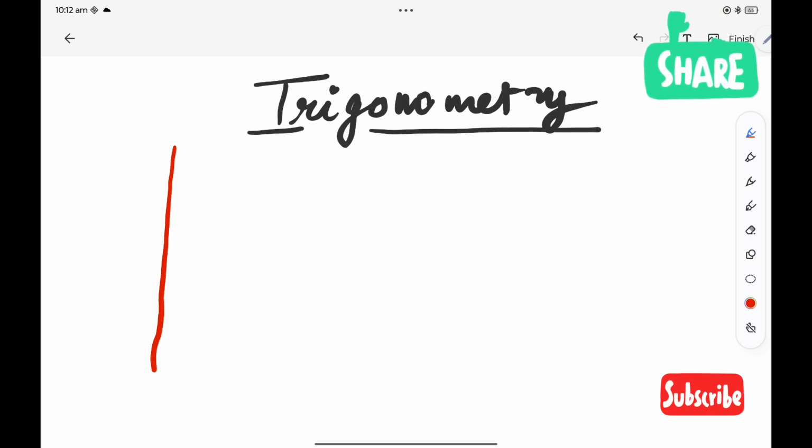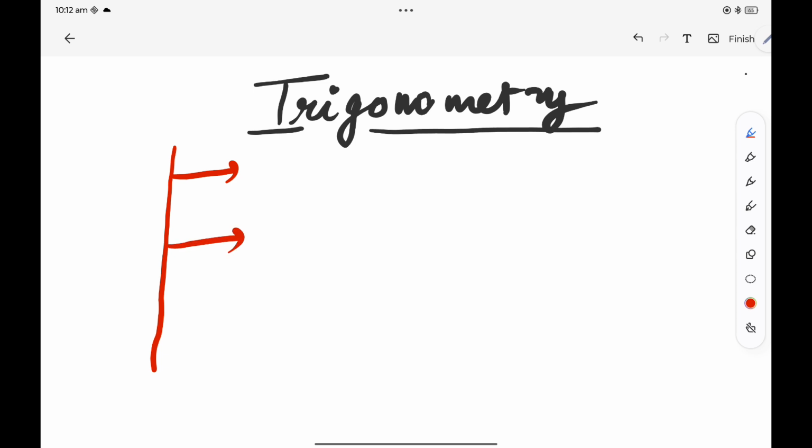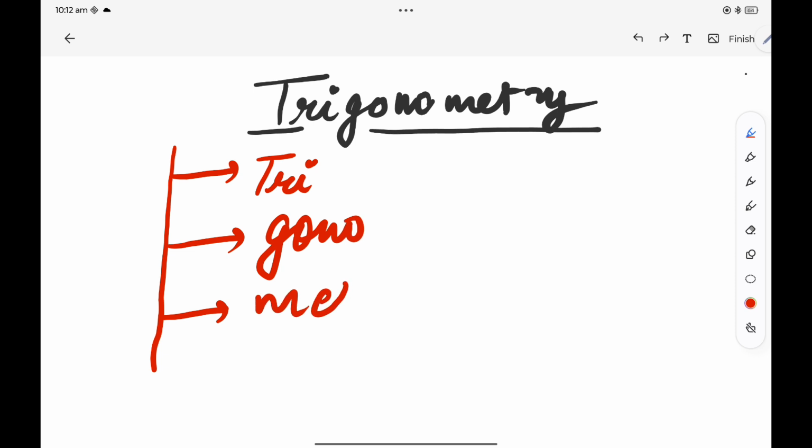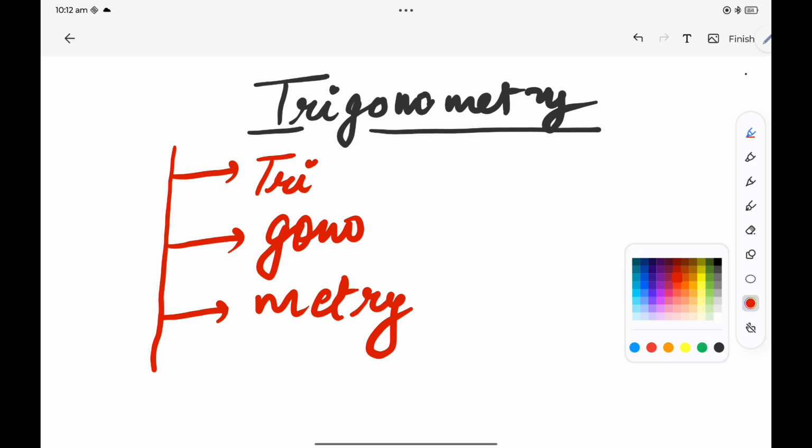The word trigonometry can be bifurcated into three words, that is tree, gono, and metry. Now, what is the meaning of these three words?